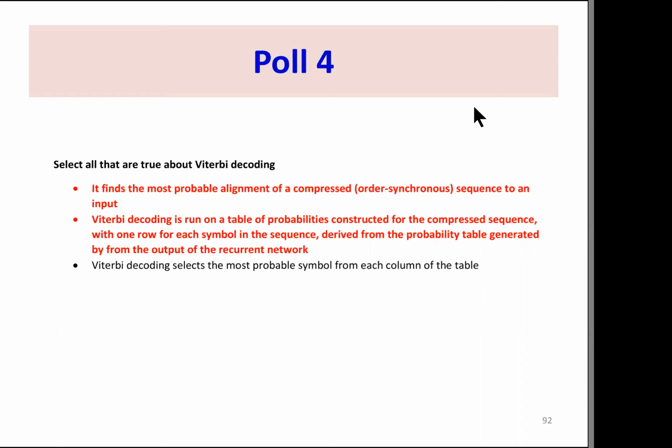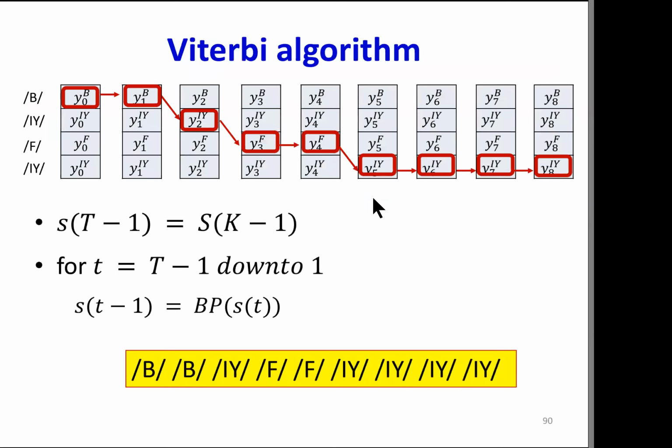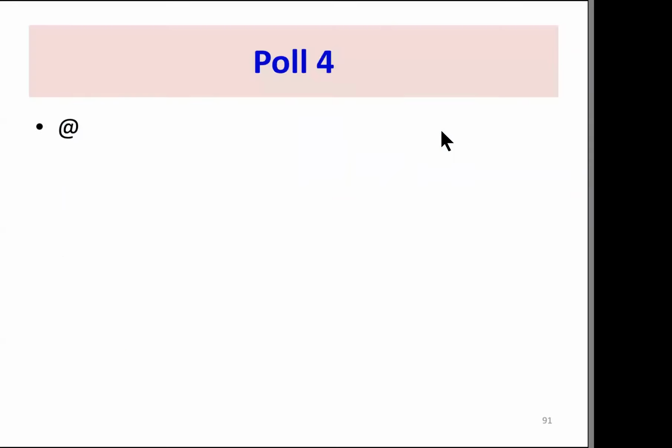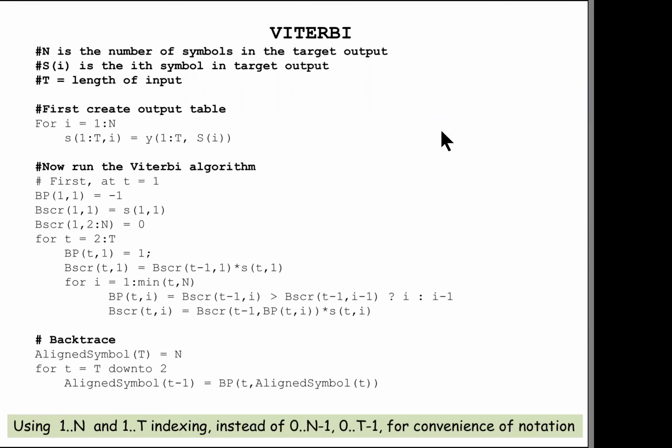It doesn't select the most probable symbol in each column. It finds the most probable path through the entire graph, and there's no gap. And it's very likely that the symbol chosen at any specific time actually has lower probability than some of the other symbols in that column. But those just didn't happen to be in the most likely path.